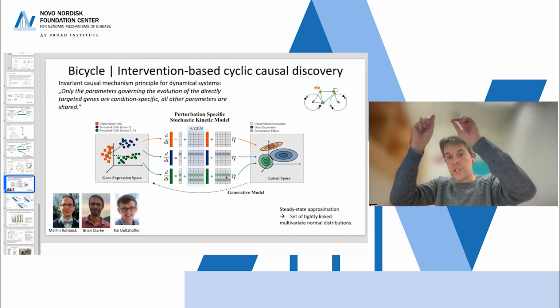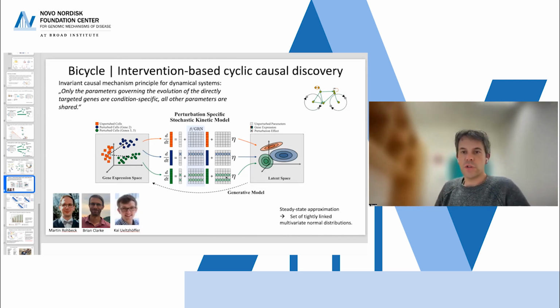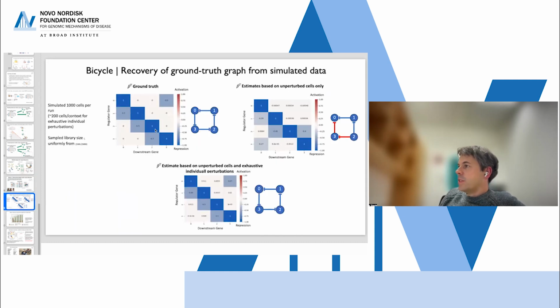Because if you knock out a gene, then that gene and all its children's expression will be affected, and that's your violation of the sharing. And this works now. Actually, it's the first time we have something that at all works in this space. We can now recover similar graphs, which I think you may care about or not care about.